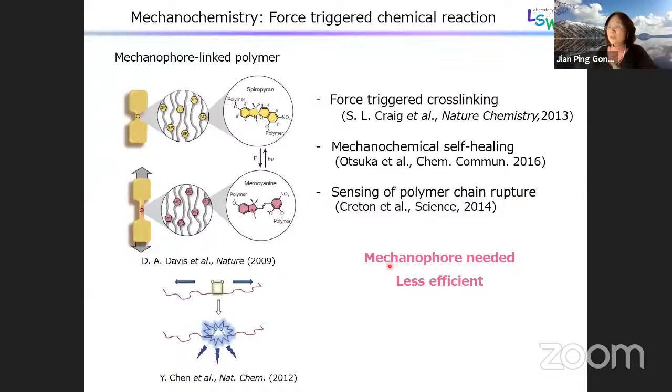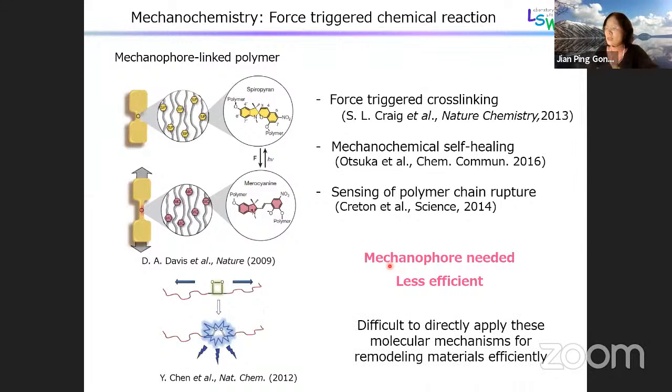And also it is not very efficient because one mechanical force can probably trigger one cross-linking reaction, not more. If we want to remodel our materials, we need very efficient chemical reactions, where a very small trigger of force can induce large structure change or remodeling very efficiently.